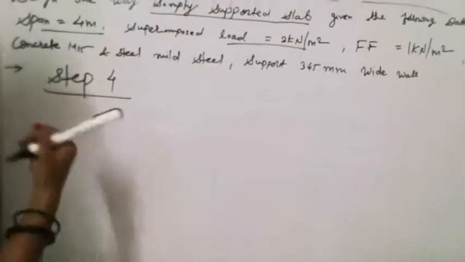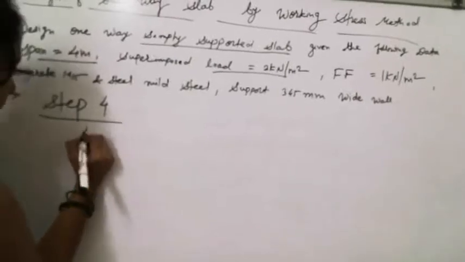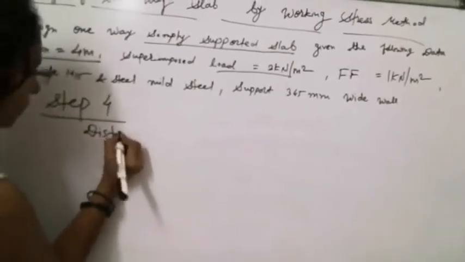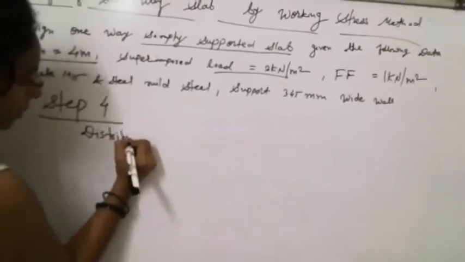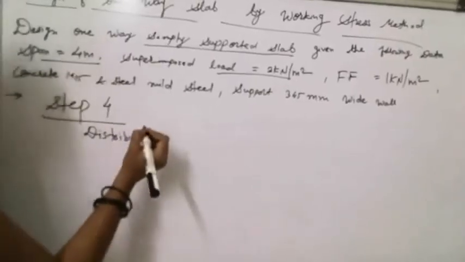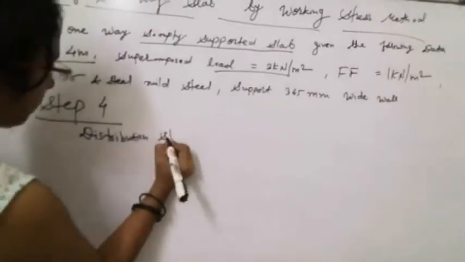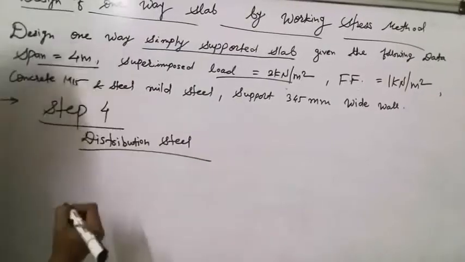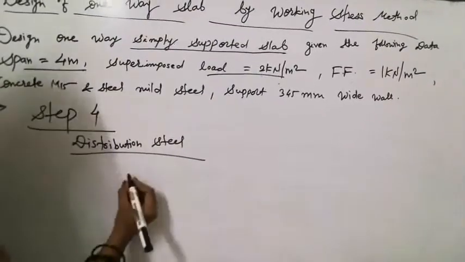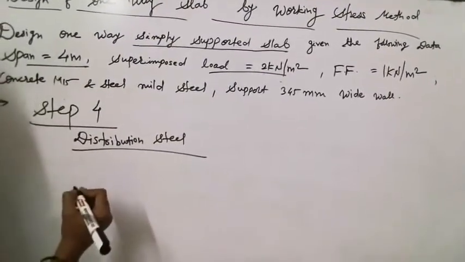We have calculated the main reinforcement. Now it's turn for distribution steel. We had already seen the distribution reinforcement.